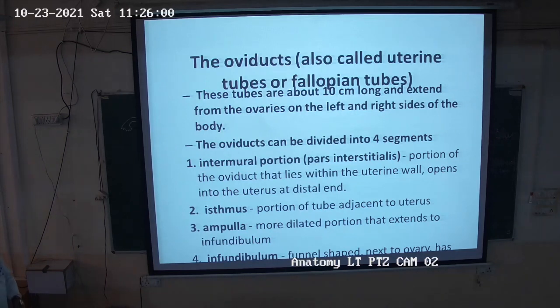Here the mucosa, lamina propria, muscle layer and the serosa or adventitia remain the same. It has two types of cells.